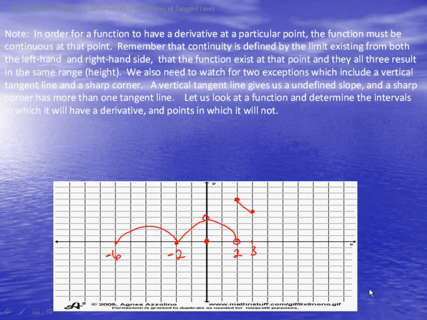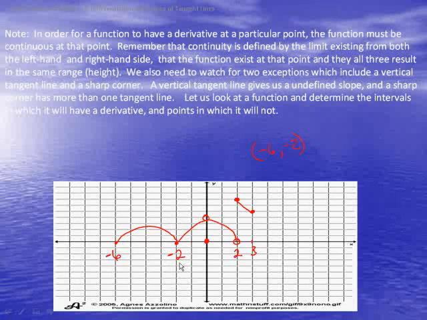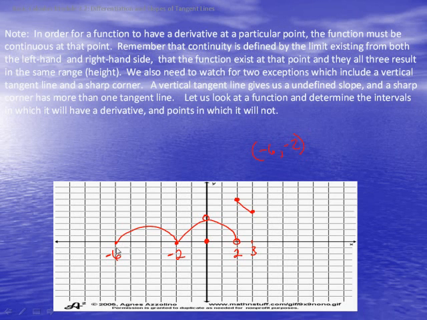It's going to have a derivative everywhere from -6 to -2, not including -6 and -2, because -2 has a sharp corner, therefore many tangent lines can be drawn there. And obviously -6 is an endpoint, and so you can have infinite number of tangent lines there.